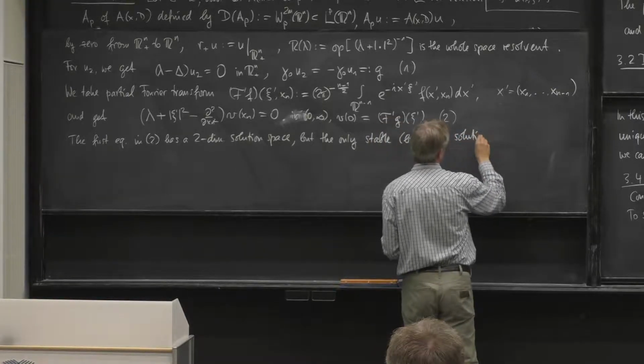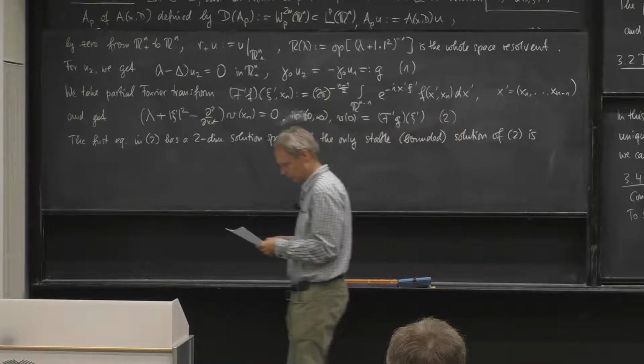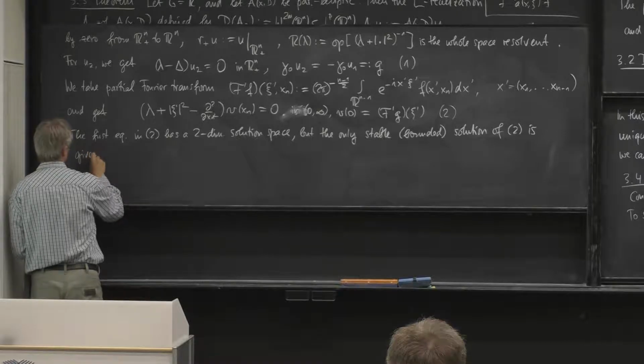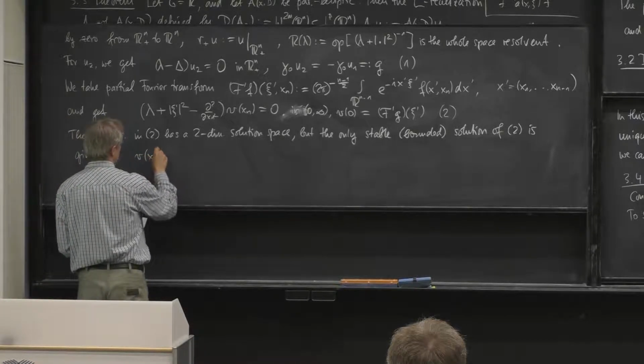But the only stable solution, stable in the sense of bounded solution of 2, is of course given by V of xn.